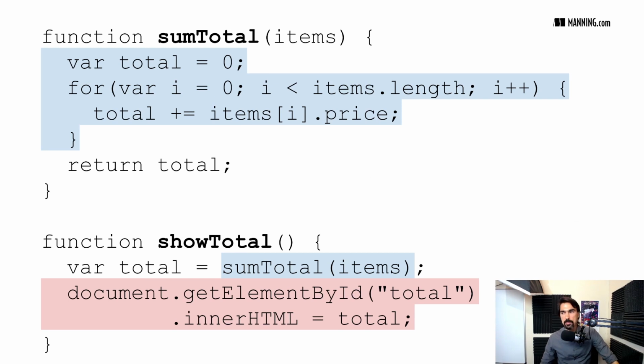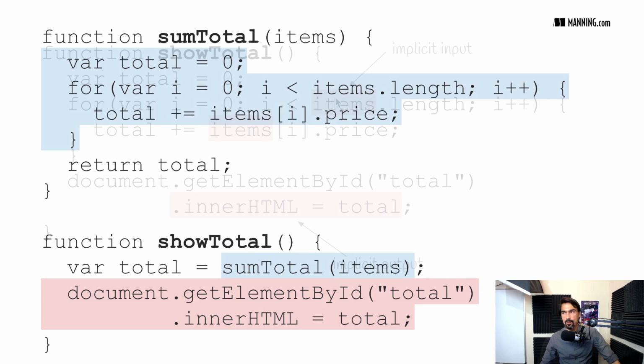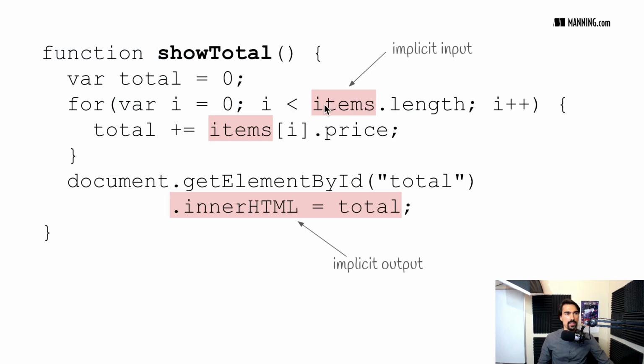Now let's go a little bit deeper into what we actually did here. These 2 reads to items are actually implicit inputs to our function. The explicit inputs to a function are the arguments, but these are implicit inputs. It's data entering the function that doesn't go through the arguments. And then we are setting the inner HTML property, modifying the DOM. That's an implicit output. The explicit output would be a return value from the function.